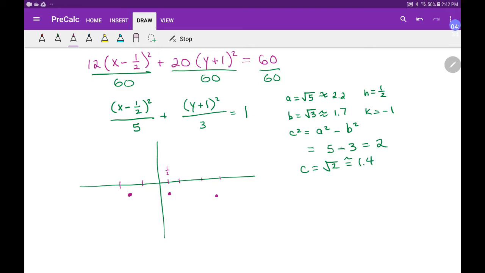But so we have that, and we also have in the b direction, how far are we going? We're going 1.7 in the b direction. So if this is, I said it was 1. Yes, I did. Then we're going a little bit more than that.